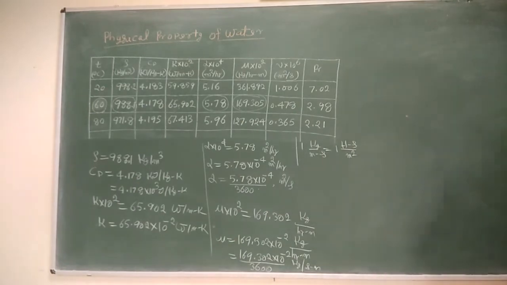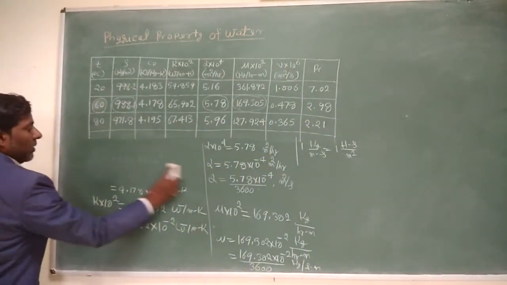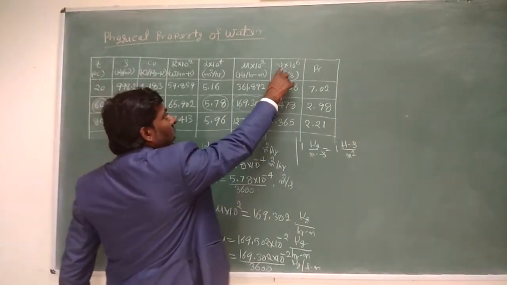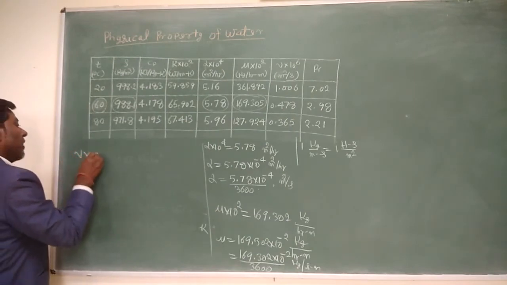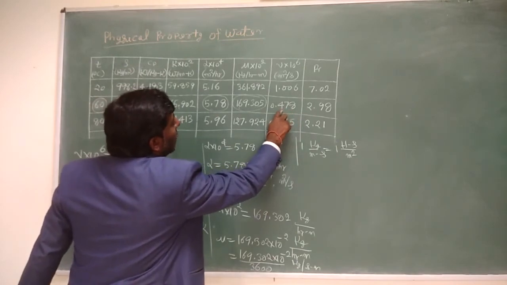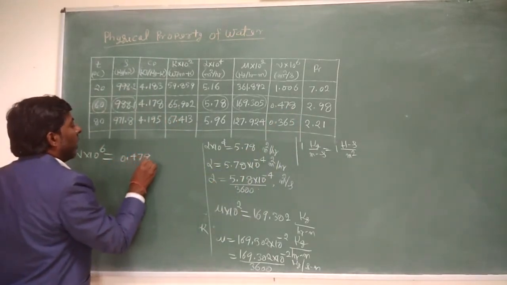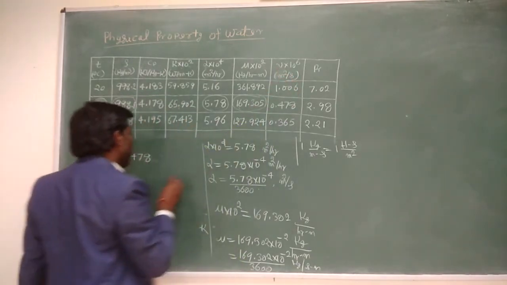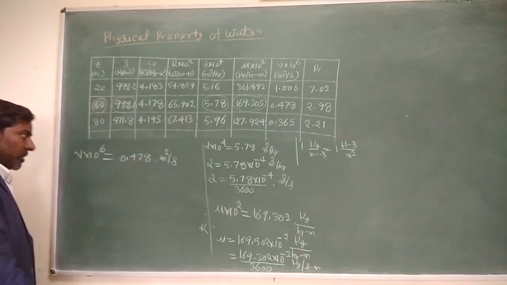Now, similarly, this kinematic viscosity also you can check. Let us see how. Look here, this is our nu into 10 to the power 6. So this into 10 to the power 6 at 60 degrees centigrade is 0.478. And what is the unit of kinematic viscosity? It is meter square per second. Whatever they have written, you take the same thing.